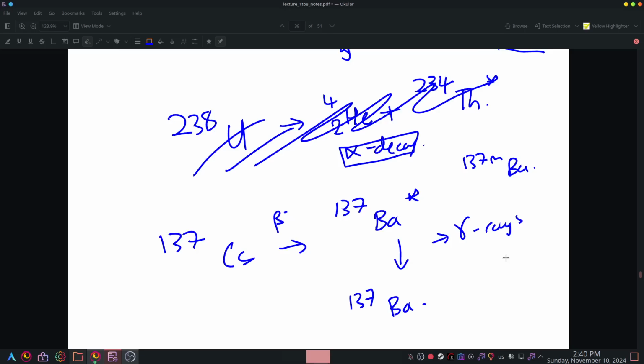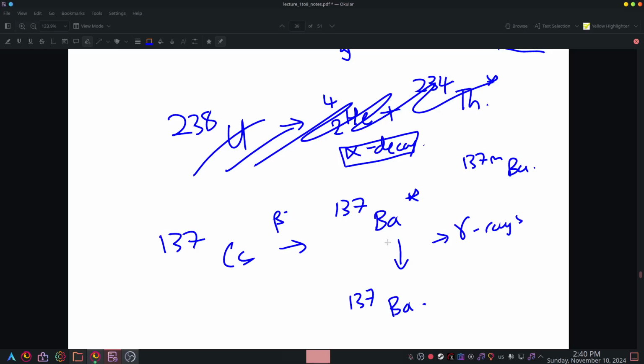It will release gamma rays. So there are these kinds of nuclear reactions that cause the resulting nucleus to be excited.